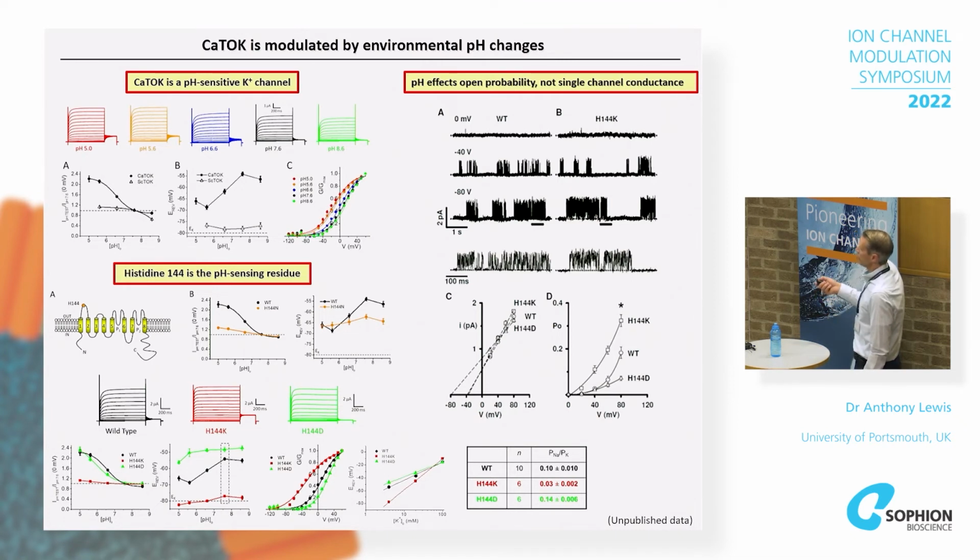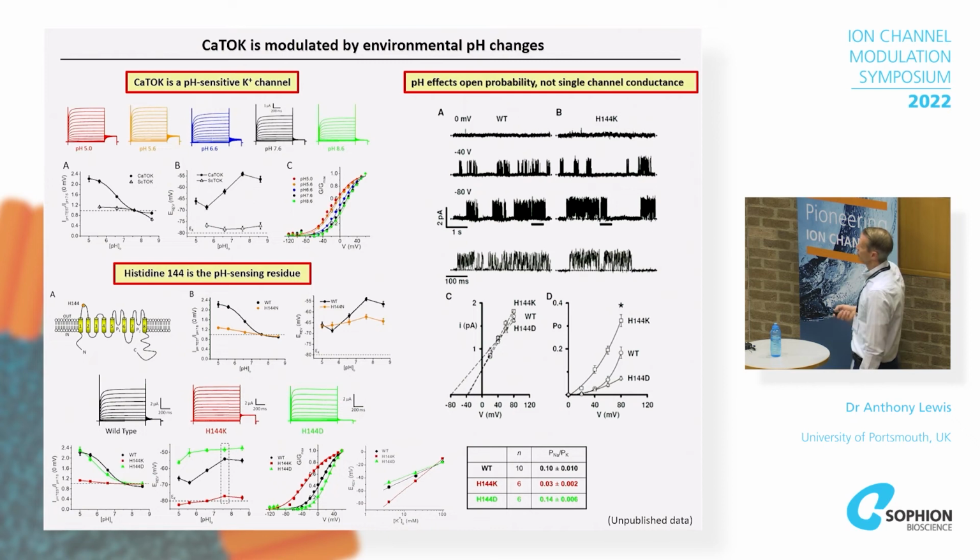So we looked at pH, and as you reduce the pH to more acidic values, you see an increase in the Candida albicans TOK current, and not in the Saccharomyces variant, which is pH insensitive, certainly to extracellular pH. Interestingly, as you decrease the pH to more acidic values, you see a shift in the reversal potential towards EK, so the channels become more selective.